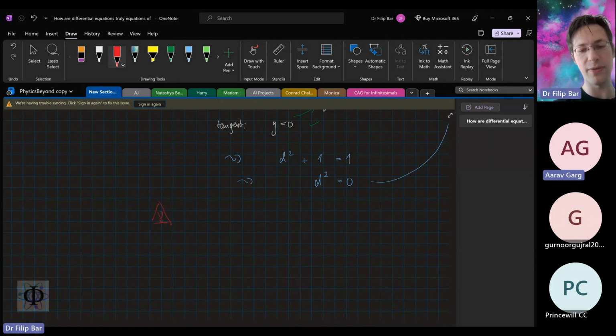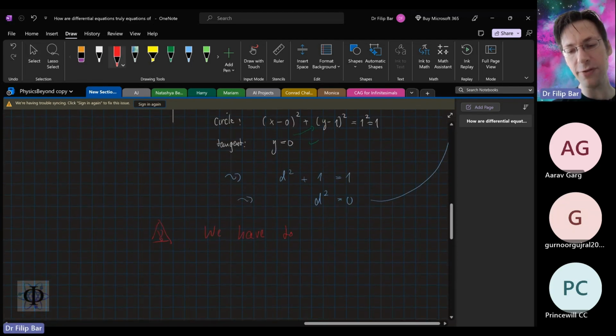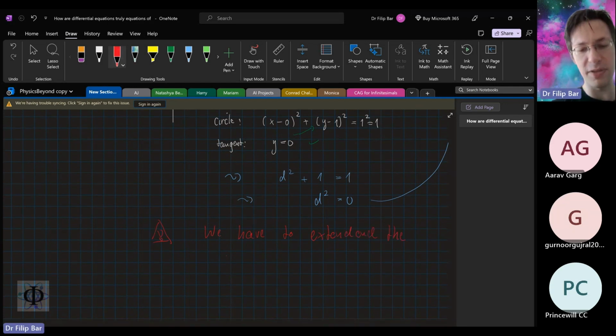For just the reals. Yeah. Right? So if I want to have some infinitesimals that are not just 0, we have to extend the reals to get infinitesimals.